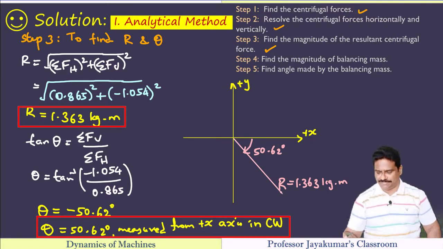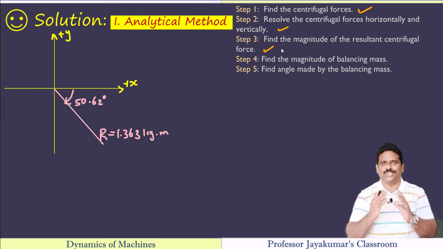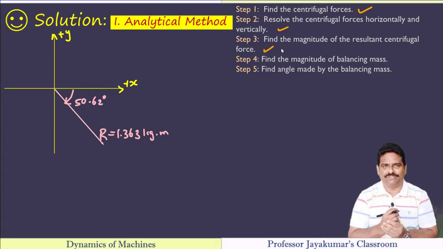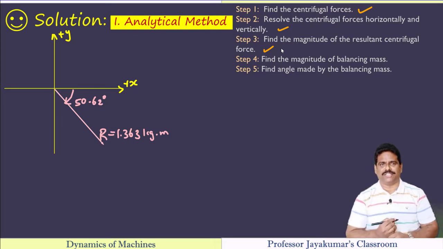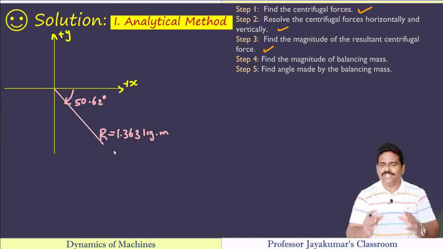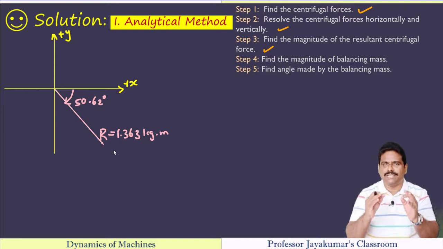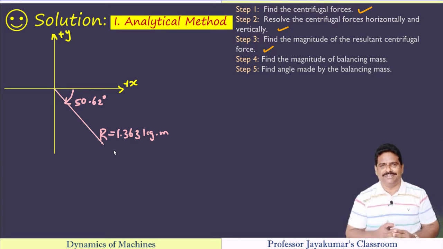Now we have come to the last two steps, determination of the magnitude of the balancing mass and also its direction. What we understand is that when we have a resultant force, it means that we have some unbalanced, out of balance force in the system, which is not desirable and needs to be eliminated.